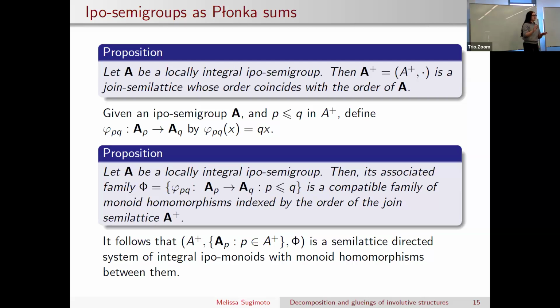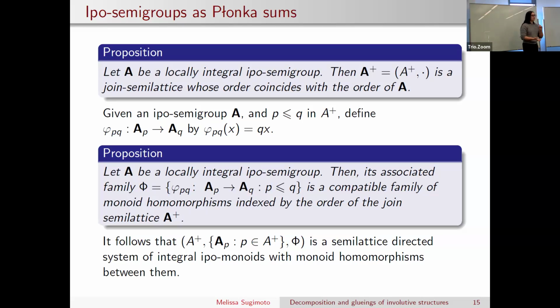So we've introduced Płonka sums, we've introduced locally integral ipo-semigroups, and talked about how to break them down into integral components. That means that we might want to take a Płonka sum of integral components. The first thing we need in order to do that is a joined semilattice to index over.